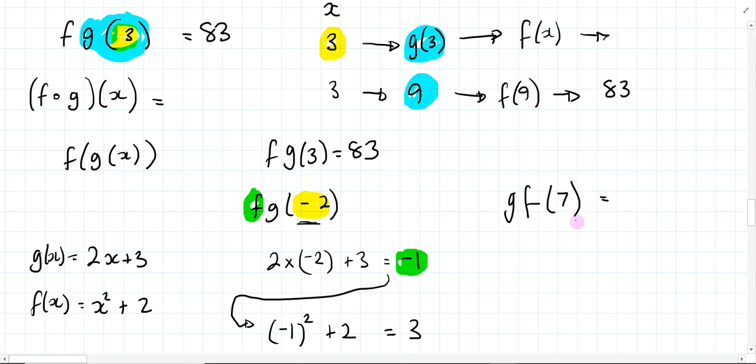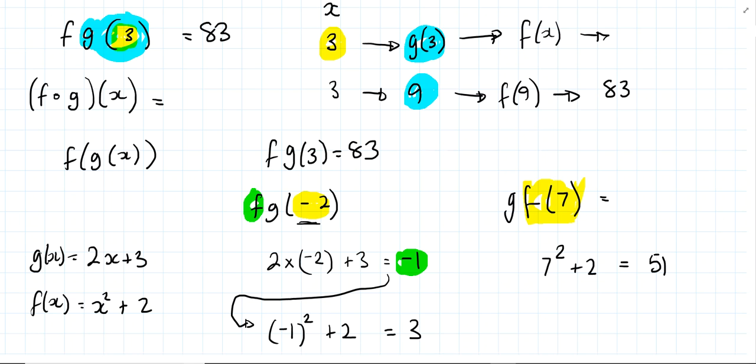So the next one then, what's the input? You do f first. 7. So we do f of 7 first. That's the first thing I do. So then I have 7 squared plus 2, which equals 51.